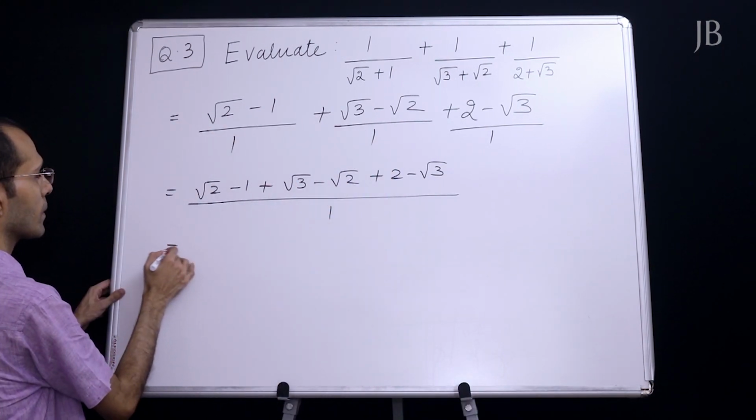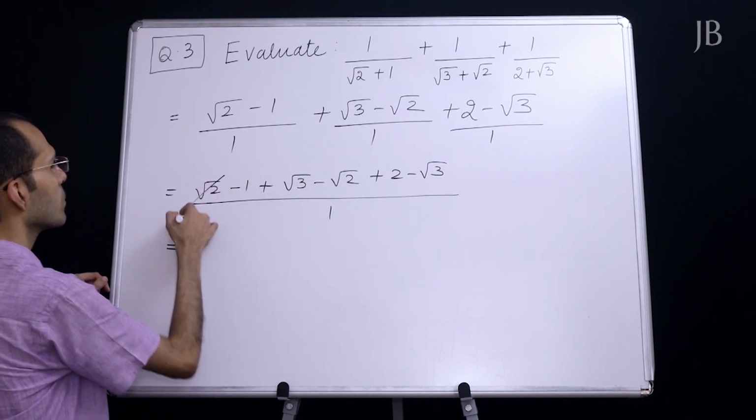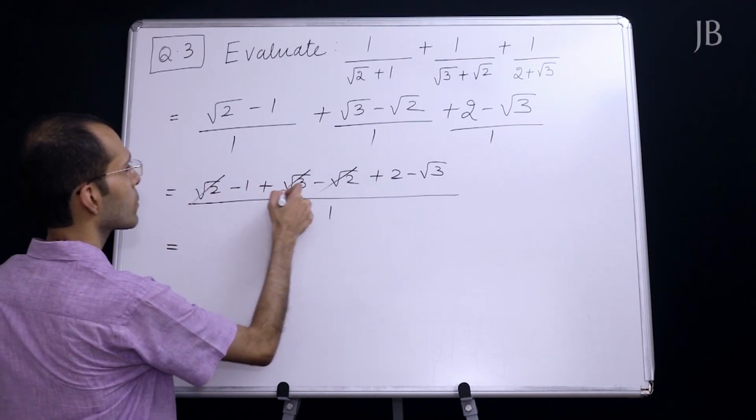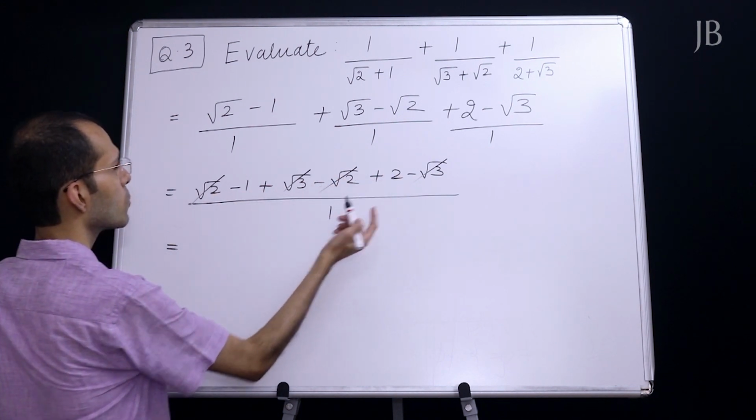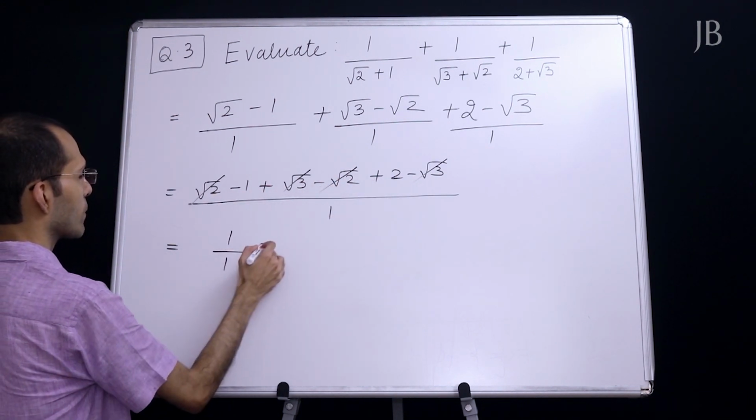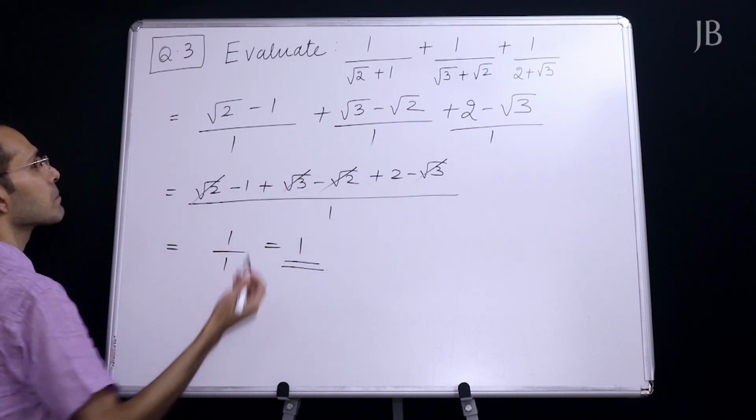Okay. Root 2 minus root 2 nullify, root 3 minus root 3 nullify, minus 1 plus 2 is 1, 1 upon 1 is 1. Comfortable.